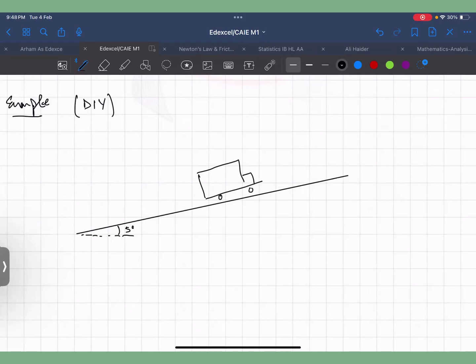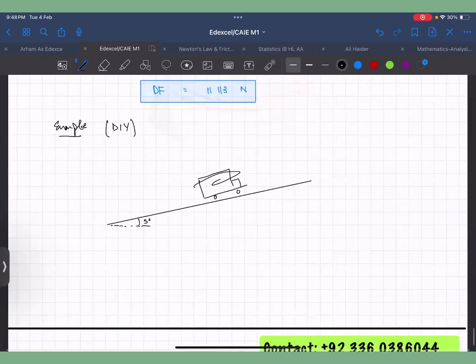So 5 degrees, okay, only 5 degrees, and now there's an entire truck. Let me change the situation. The truck is now coming down. Its acceleration is downwards.